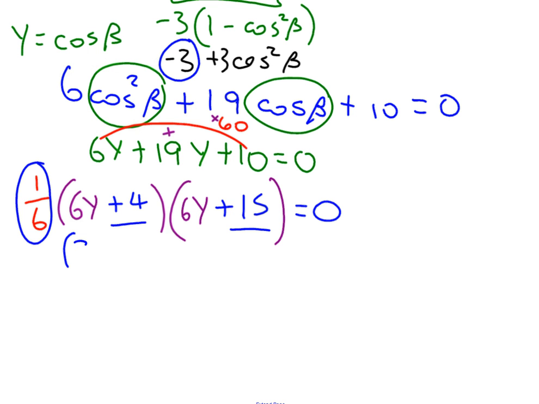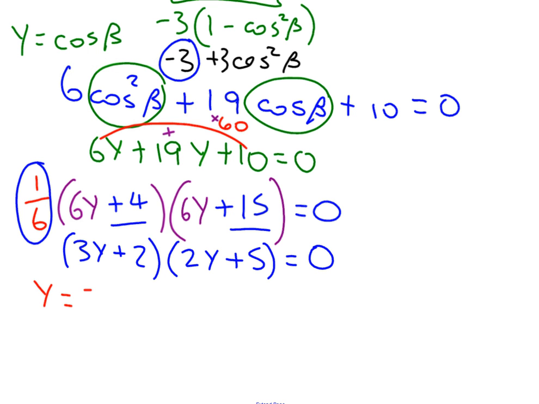We can divide this bracket by 2 and this bracket by 3, which gets rid of 6. That means that y equals minus 2 over 3, or y equals minus 5 over 2.